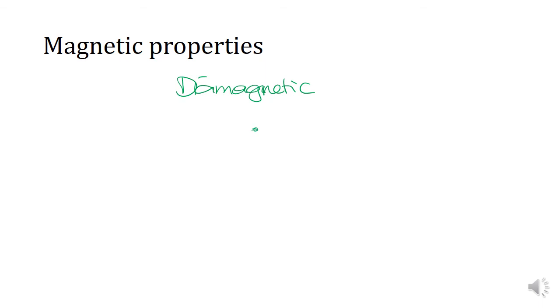So that is because of paired electrons. So if a substance has all or mostly paired electrons, what happens is that when an external field is applied, it's opposed.